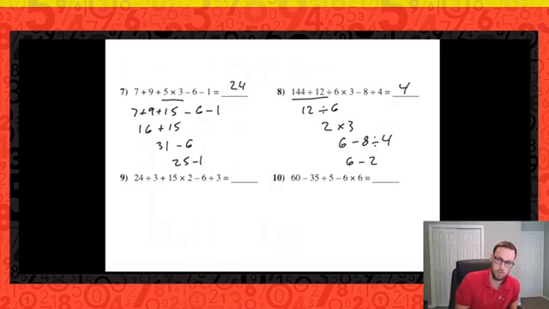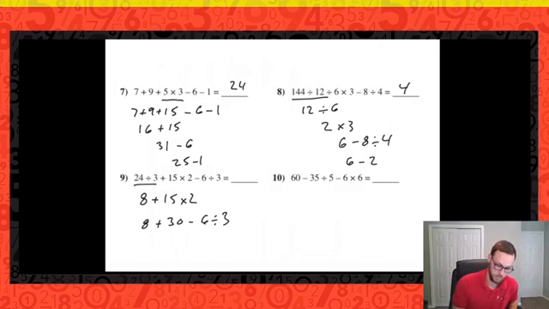24 divided by 3 is 8. Very good. I know that I've got more multiplication, so 15 times 2 gives me 30. More division. 6 divided by 3 is 2.